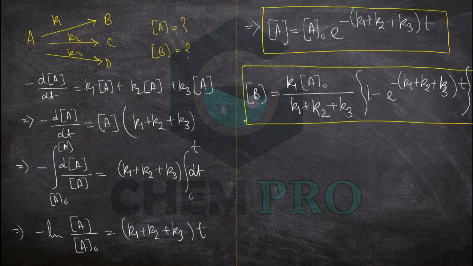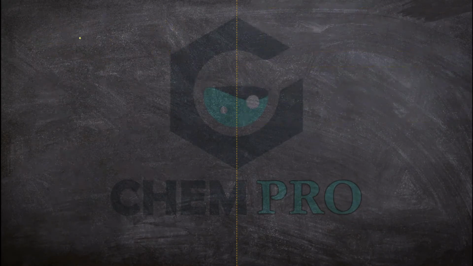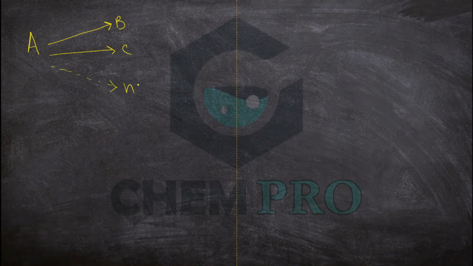Now if it is given like this, this is A, and from A it is converted into B, C and so on up to N. If the reaction constants are K1, K2 and up to Kn, what will be the formula of A?